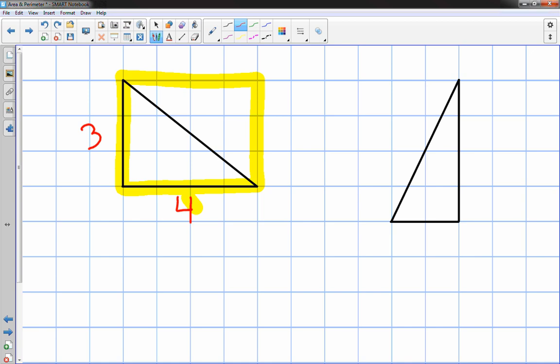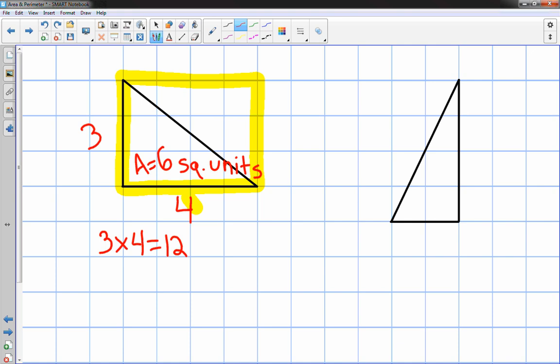I want the area of the triangle inside, and it's half. So all you got to do is take half of that number. So 3 times 4 is 12. You're taking half of 12 because that's the area inside the triangle itself. So area, using A, is equal to 6 square units inside.